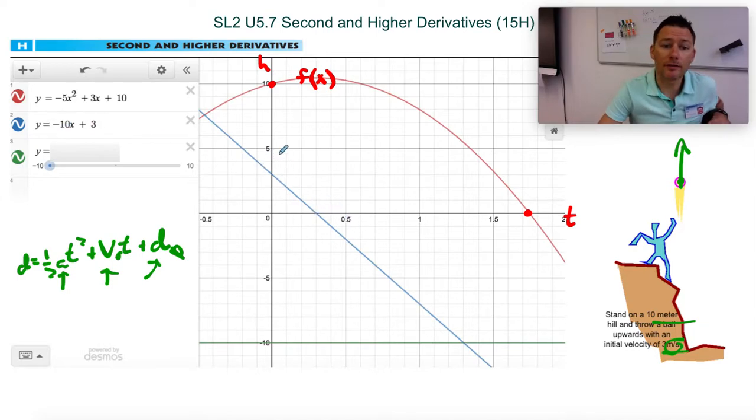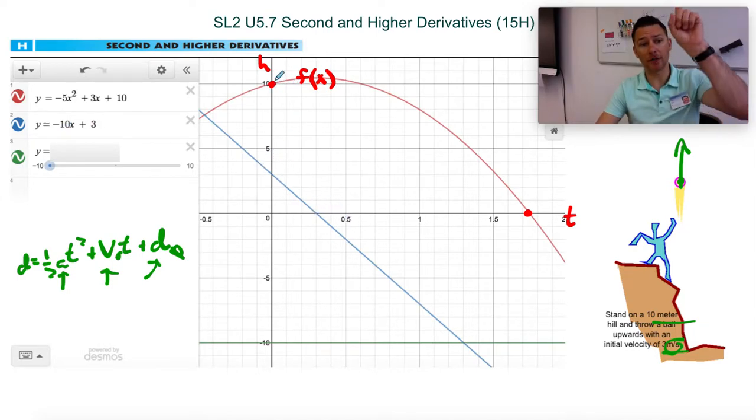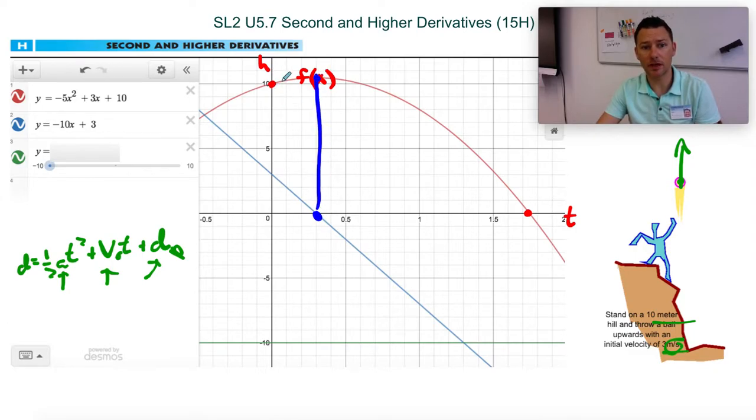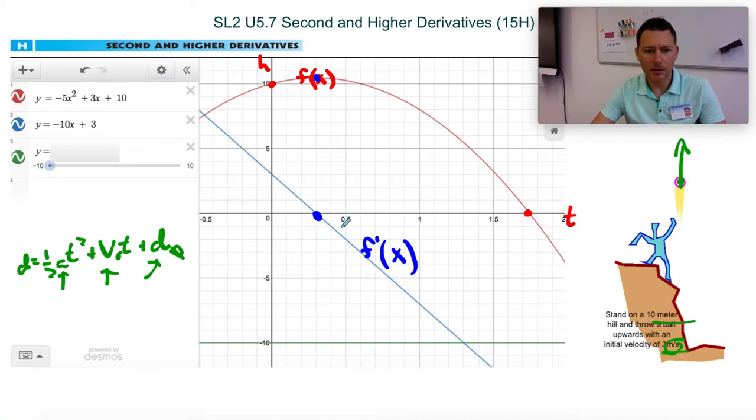Talking about how the velocity is changing. Because first it's going up, it has a positive velocity, then it stops, it has 0 velocity, and then it goes downhill, right? Here's where it has 0 velocity. It's right underneath where it stops and starts coming back down, right? It has to go up and then stop and come back down. So this curve, this line is the velocity curve. This f prime of x is how the velocity is changing.